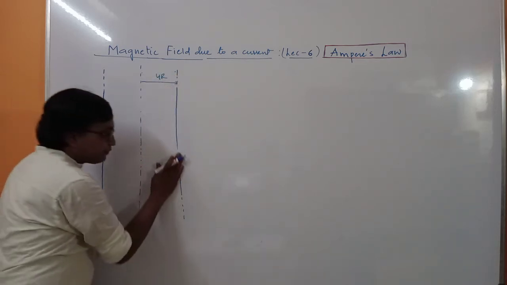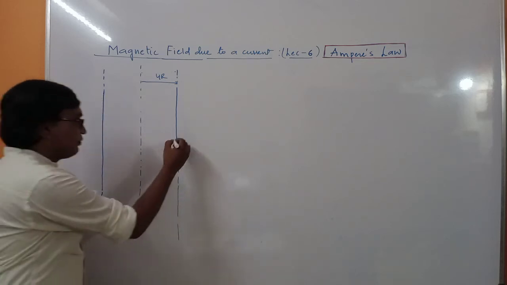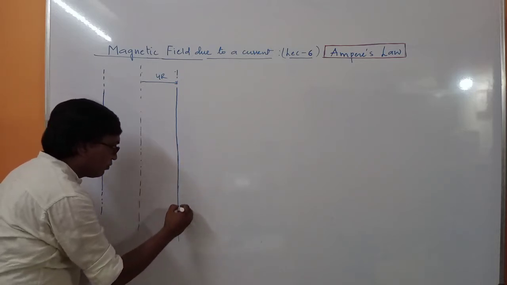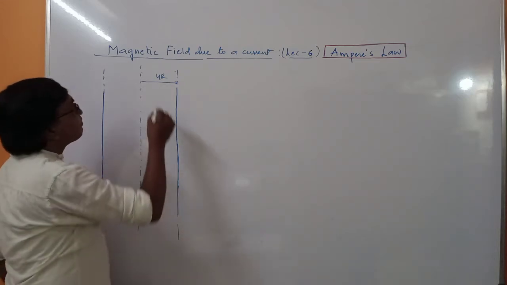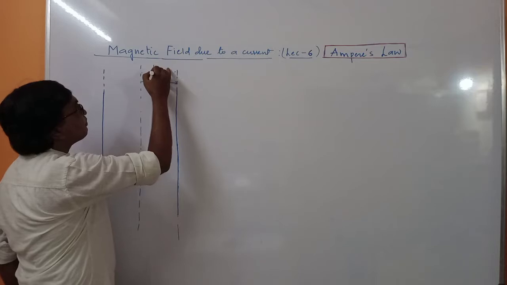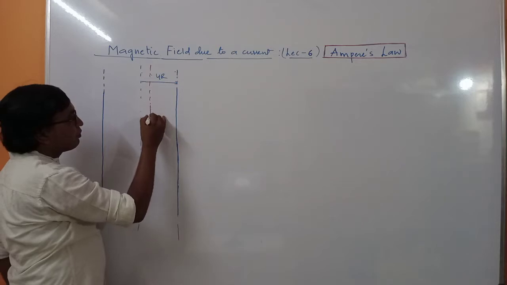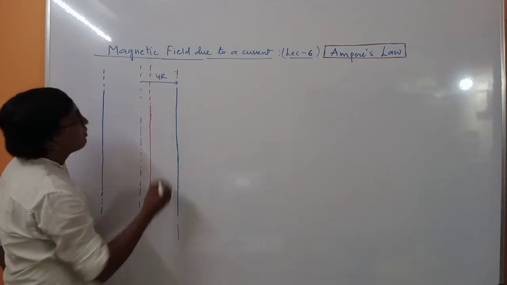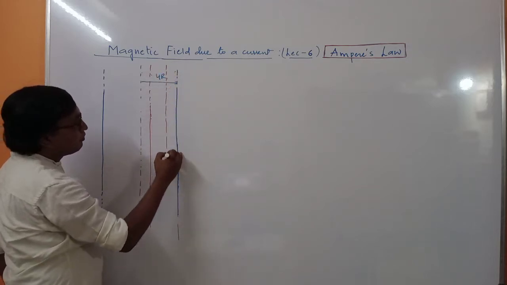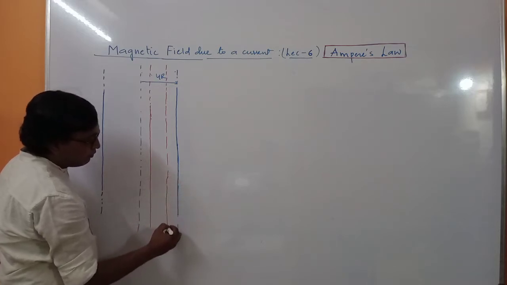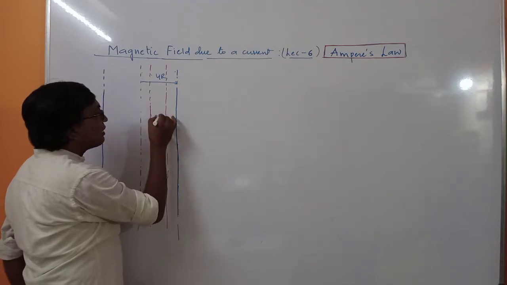And this wire has a cavity. So it has a cavity inside of width 2r. So this is a cavity whose width is 2r.